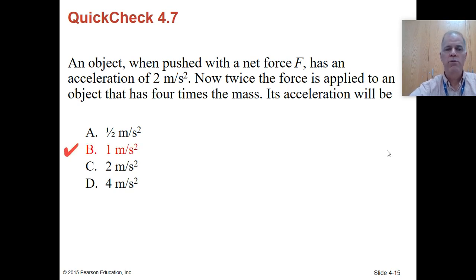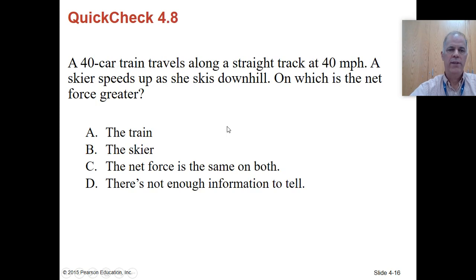This one they changed 2 variables, so they did 4 times the mass and twice the force. So 4 times the mass would be 1/4 the acceleration, but twice the force will be double the acceleration. Put those together and you wind up with half the acceleration, so it's 1 meter per second squared instead of 2. Here's the next one, number 8.